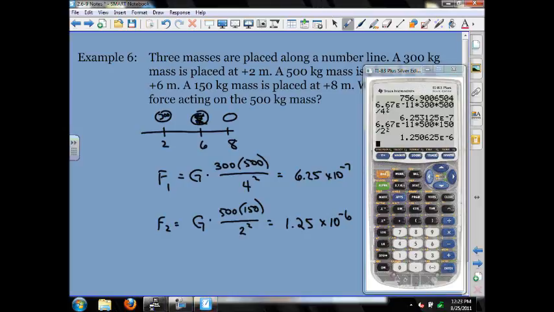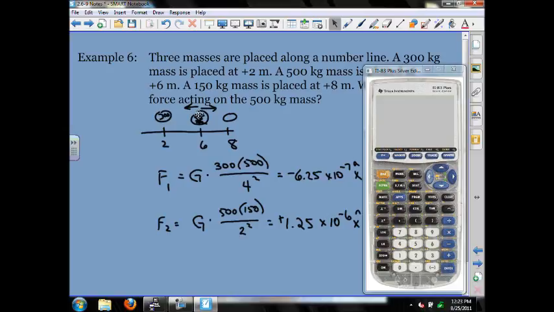We're looking for the force acting on this one, so the force acting on that would be this way, right? So this one is in the negative x direction. This one is in the positive x direction. Both of them have y components of 0, which is good. If they're in the same direction, I can simply add them together, making that one negative.